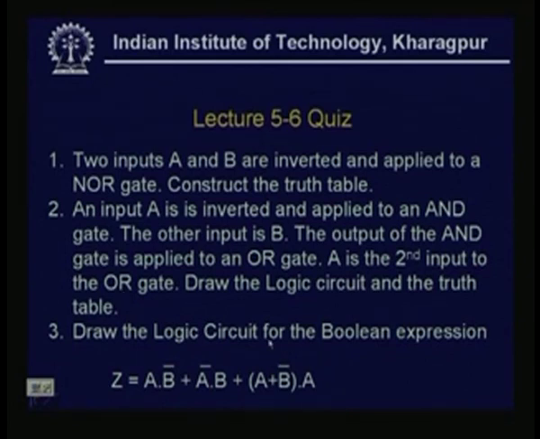In lecture 5 I have given the Boolean expression and the truth table, and in lecture 6 we have discussed from the Boolean algebraic point of view. So, any one of the concepts we can apply to solve question 3. So, these are the 3 quiz questions. So, we end the lecture here.